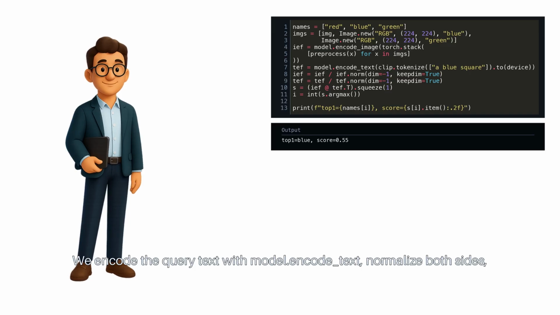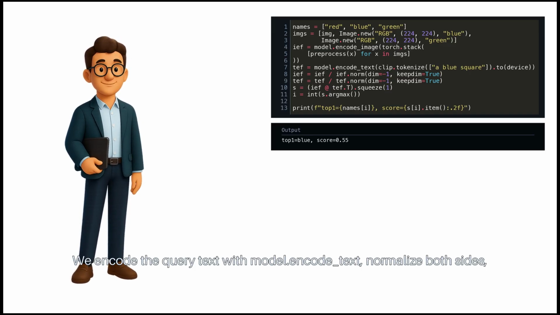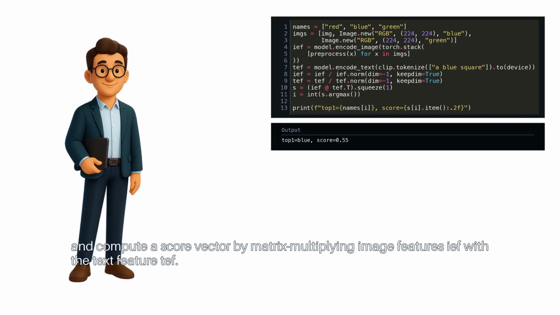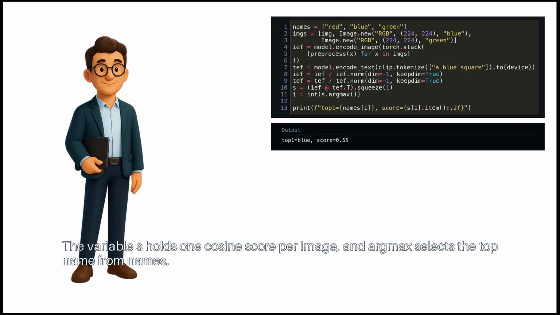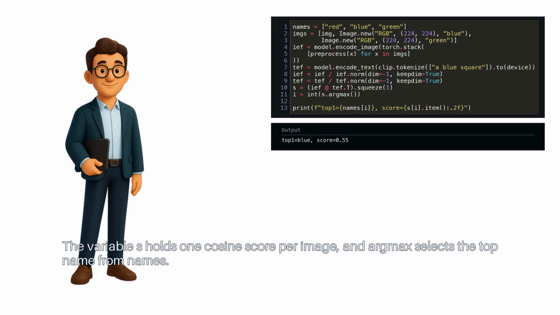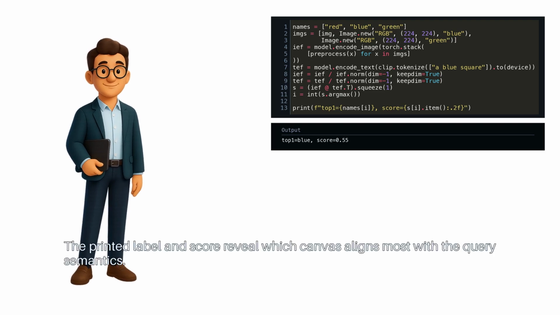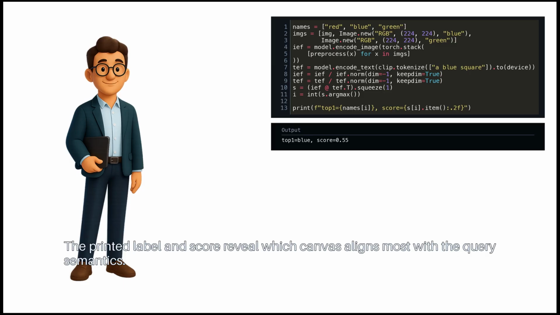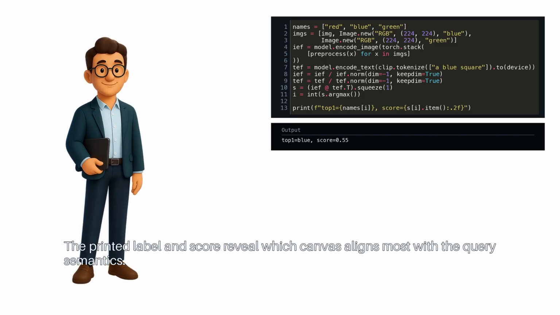We encode the query text with model.encode_text, normalize both sides, and compute a score vector by matrix multiplying image features IEF with the text feature TEF. The variable S holds one cosine score per image, and argmax selects the top name from names. The printed label and score reveal which canvas aligns most with the query semantics.